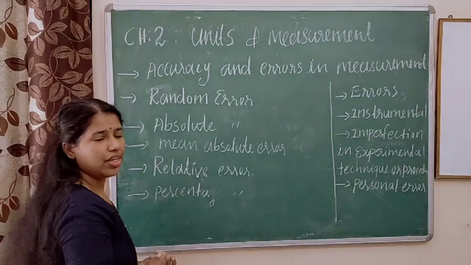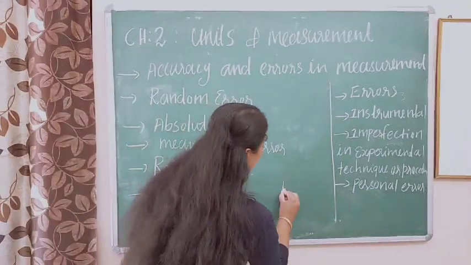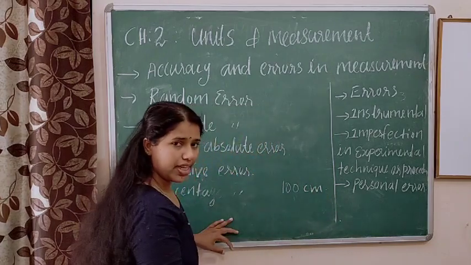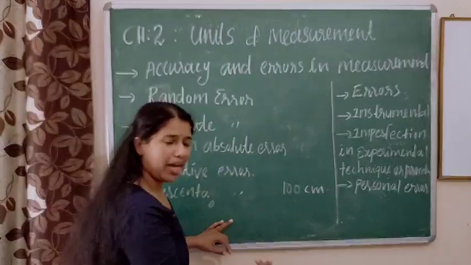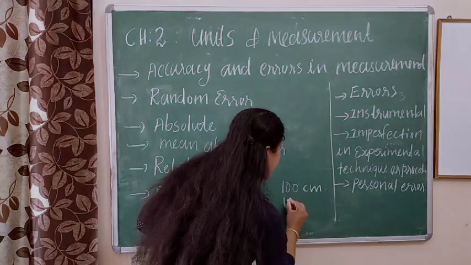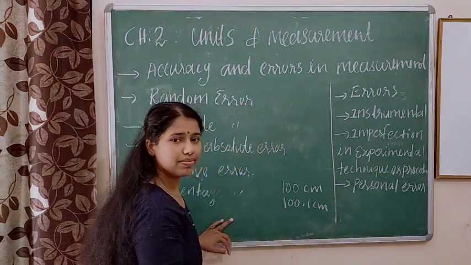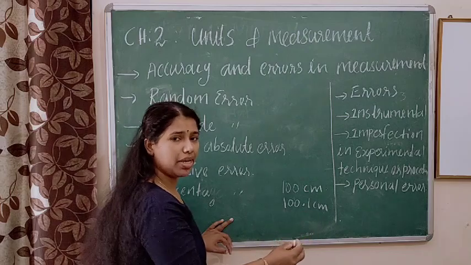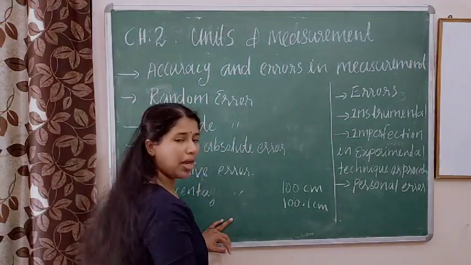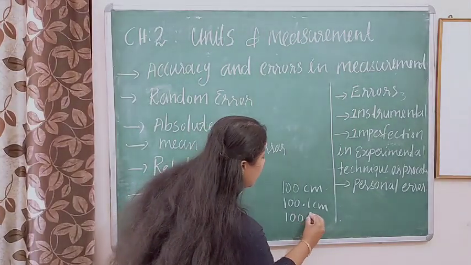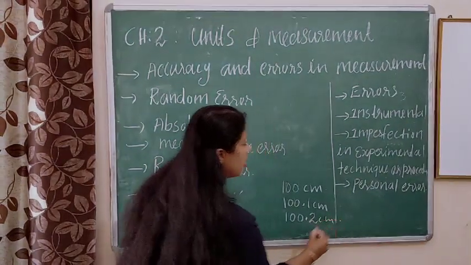I got the value 100 centimeter. Again one more person comes and measures again. This is 100.1 centimeter. Again one more person comes, measuring the same blackboard, and they got 100.2 centimeter.